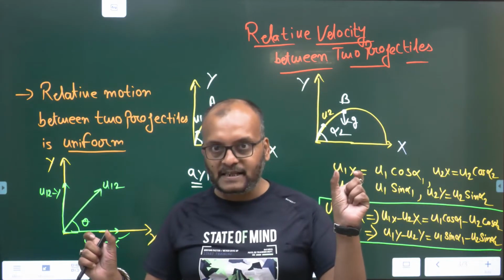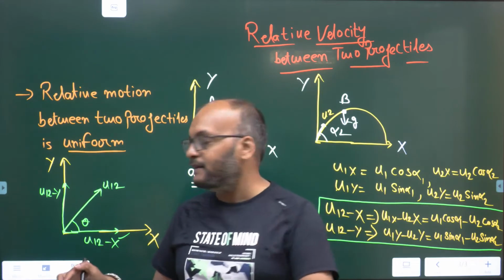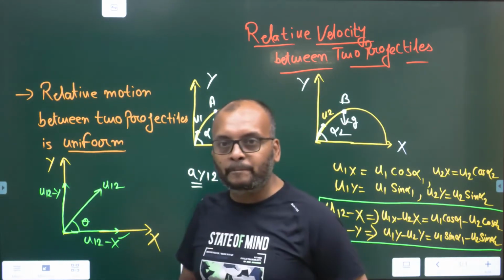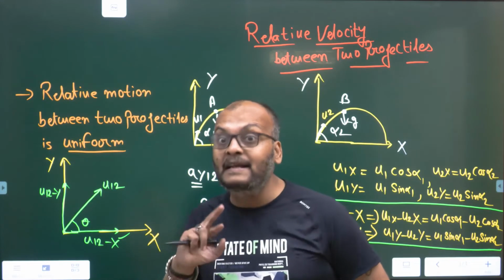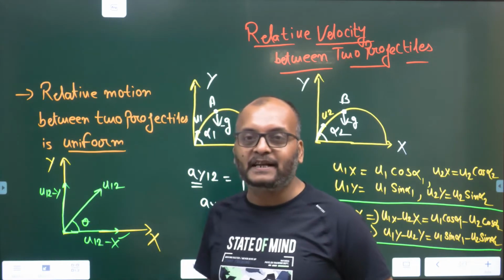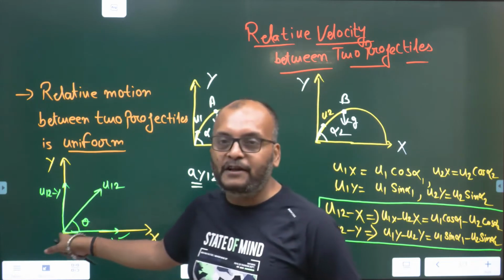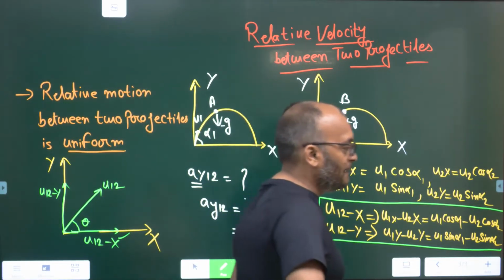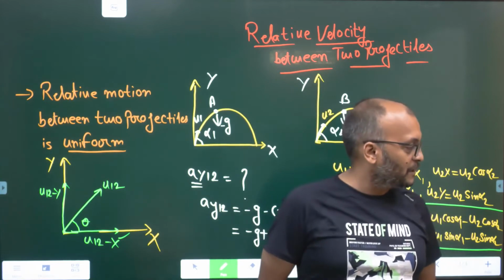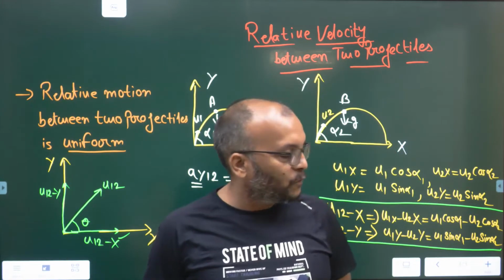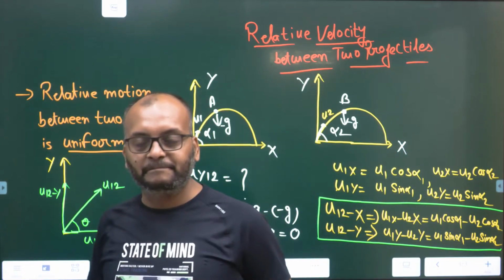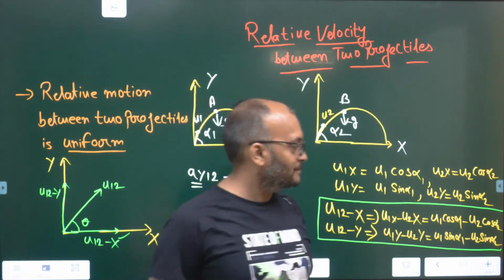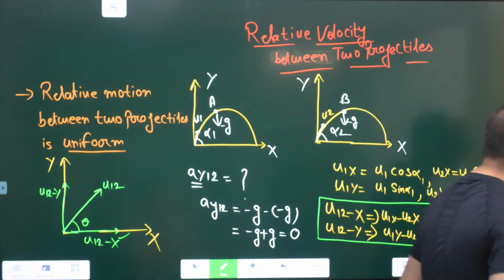Two projectiles projected at some angles like alpha 1 and alpha 2. What will be the relative angle between these two projectiles? Can you tell me the value of theta? I have drawn this diagram even for you. Come on. How to calculate theta? We have done vectors, guys.